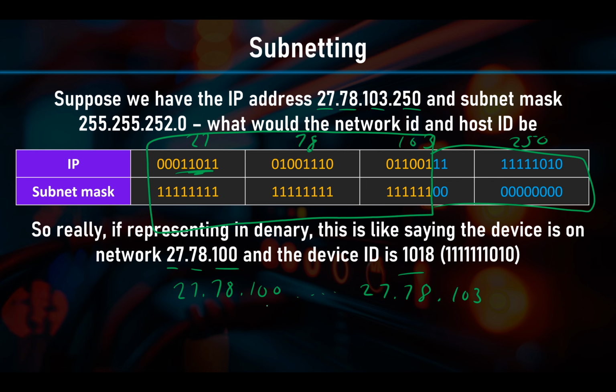So hopefully you can see that in this case we're actually going to own a range of networks. It's not just one static number. And I'll actually show in a minute.